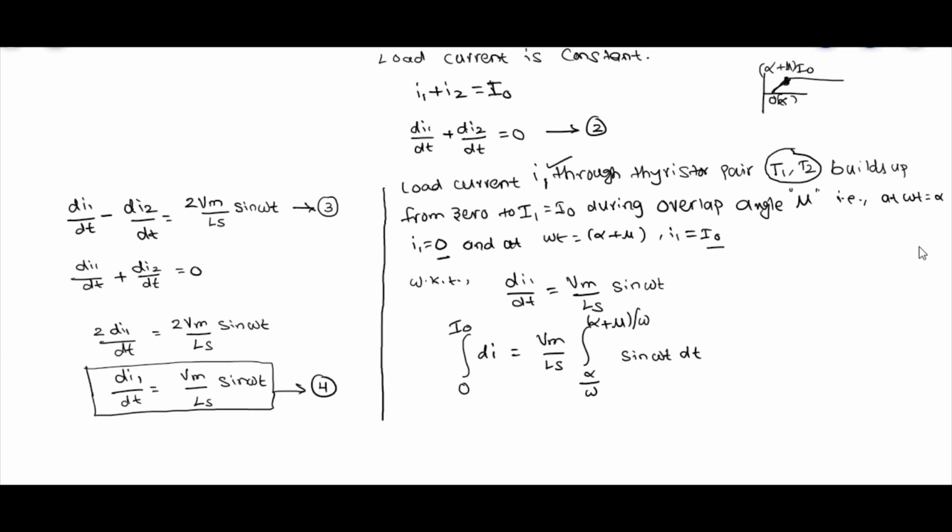If you integrate and substitute the values, you will get I0 equal to Vm by Ls times minus cos omega t, with limits alpha by omega and alpha plus mu by omega.